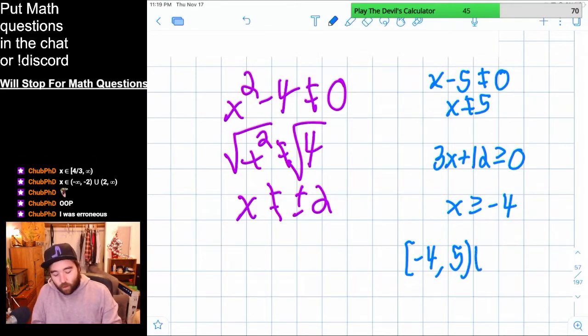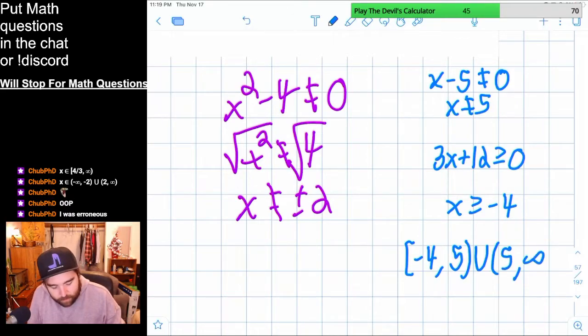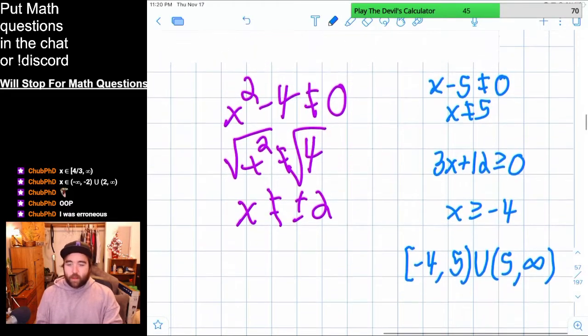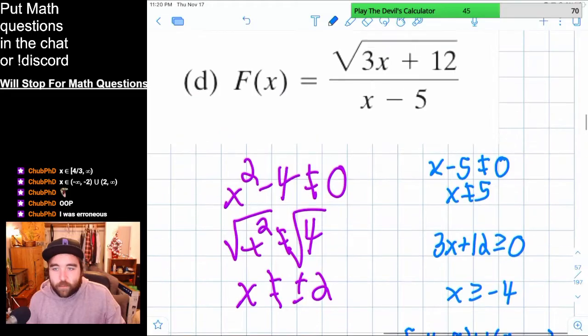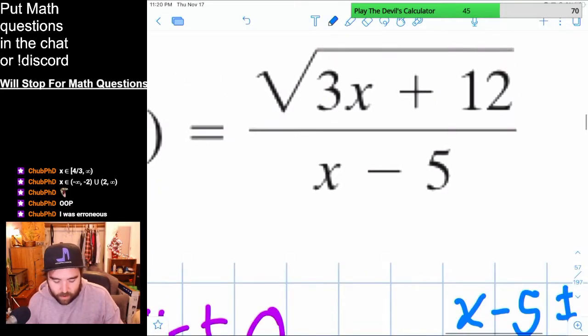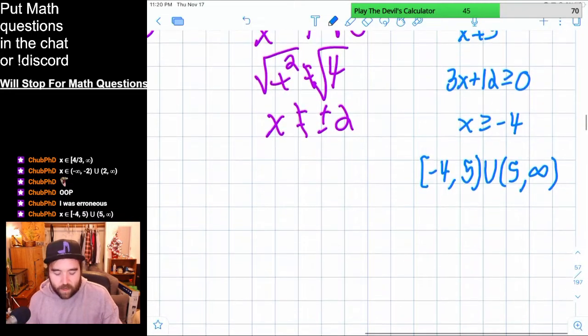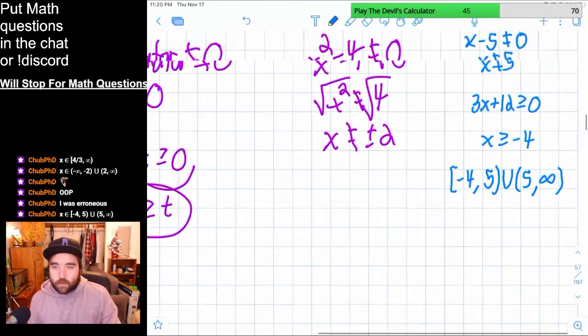And then we'll say, or it can be anything from 5 up to infinity. So see how we applied both of those rules there, with the square root saying that it has to be bigger than or equal to -4, but then we had to have a little gap there for the 5 because it cannot be equal to 5.